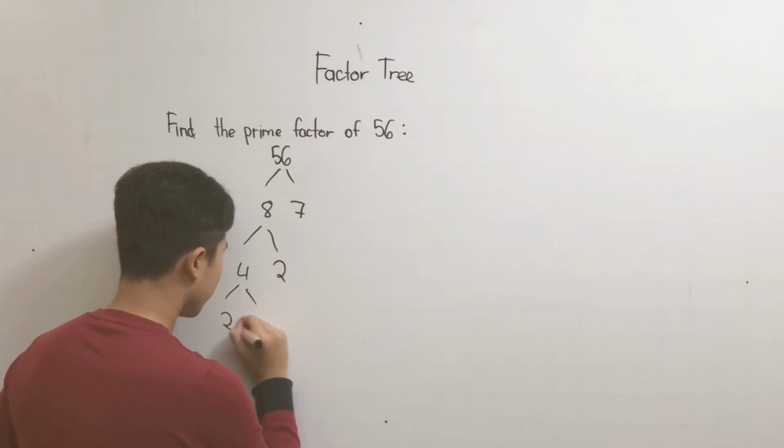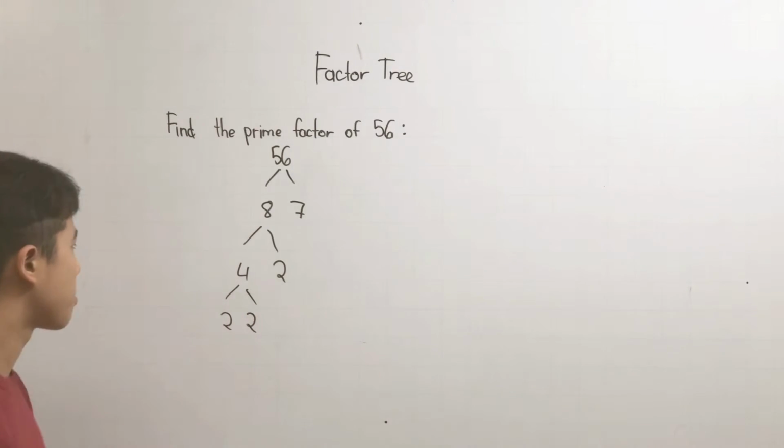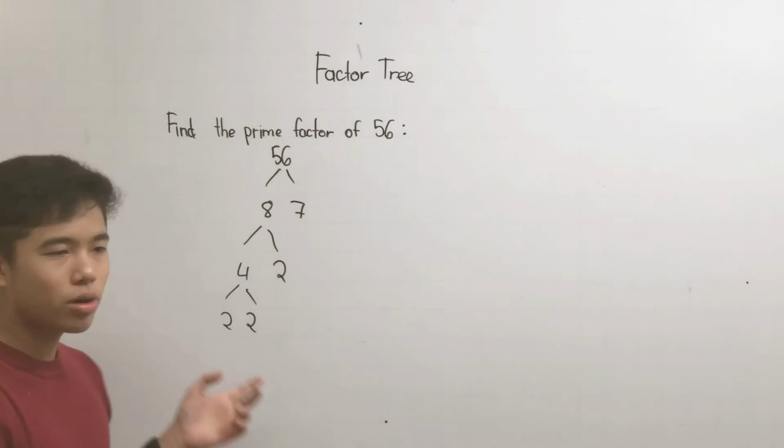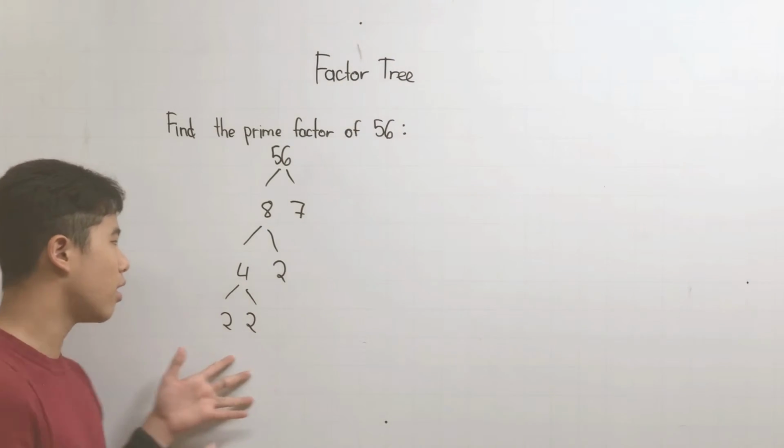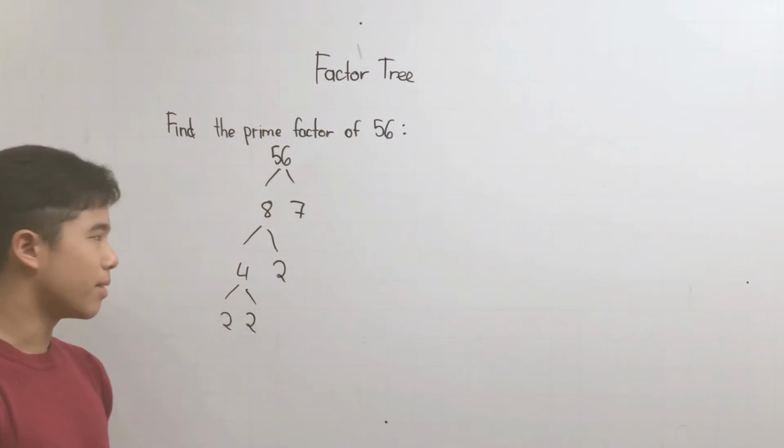So we take 4 equals 2 times 2. There are no numbers that we can split anymore because all of them are prime numbers.